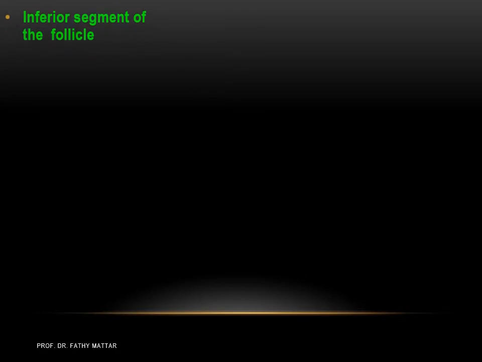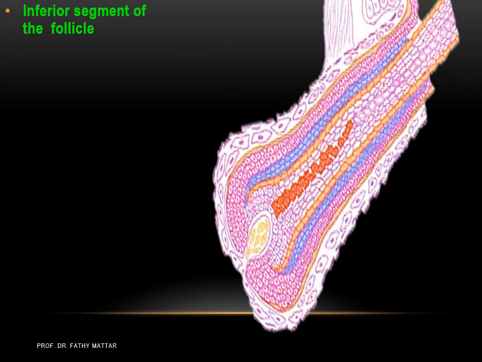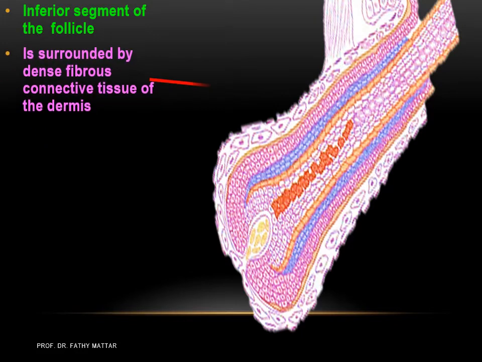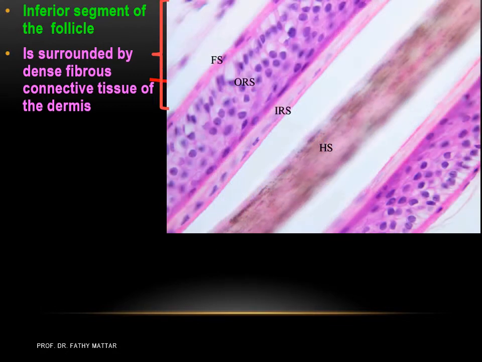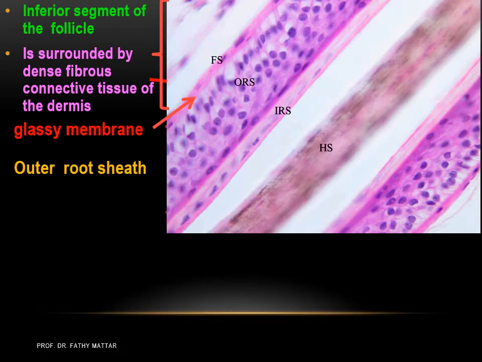Now, the inferior segment of the follicle is surrounded by dense fibrous connective tissue of the dermis, and this is followed by a glassy membrane, which is a basement membrane on which rests a stratified squamous epithelium forming the outer root sheath.